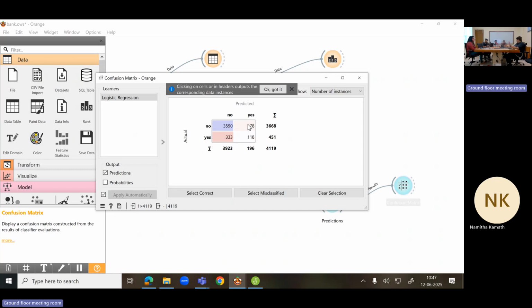Now, why did I discuss this part? Because there are measures you may have to consider when a particular aspect is critical. If false positive is critical, then you have to reduce the false positives. If false negative is critical, you have to reduce the false negatives.